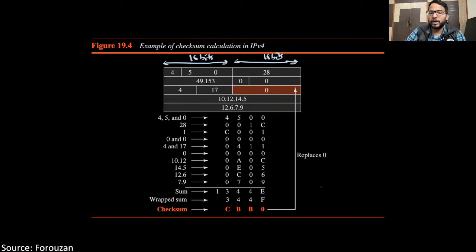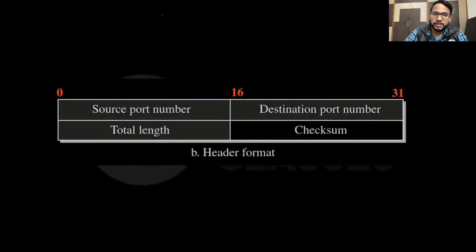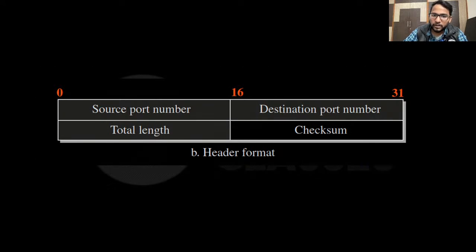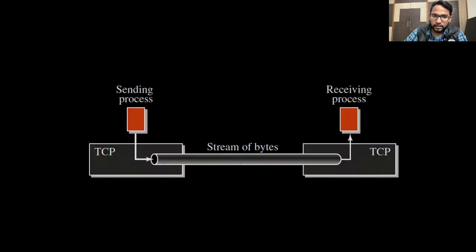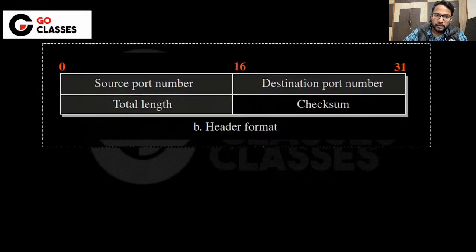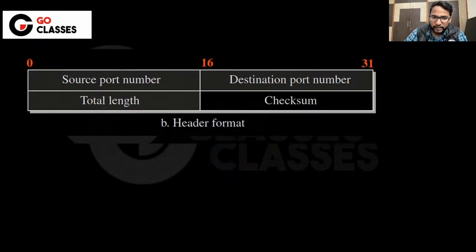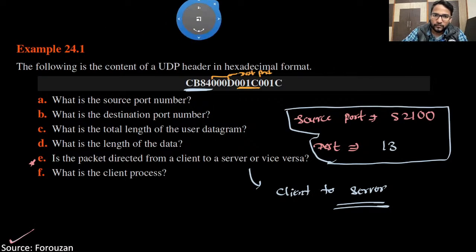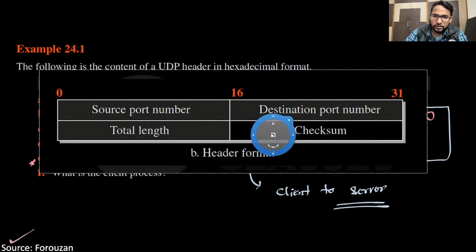Let me tell you how to calculate the checksum for UDP. Then maybe you will understand this more clearly. Suppose this is the UDP header and you want to calculate the checksum. Let's do it quickly with one example. Suppose the header given to you is this one.